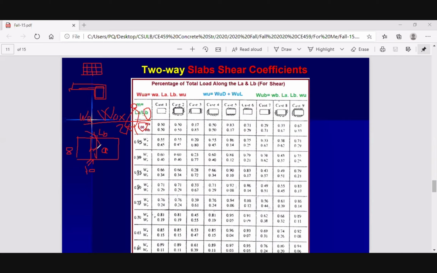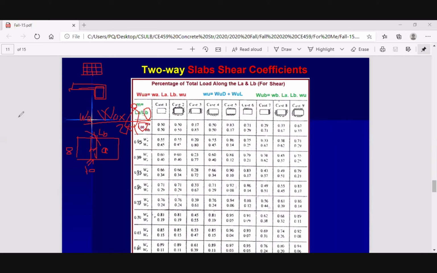This slab has 2 sides in the A direction. This divided by 2 will give us one side. Then I want to find the reaction for 1 foot, divided by the total length of the A direction. Total length of A direction is LB, divided by 10. So this is the reaction here.